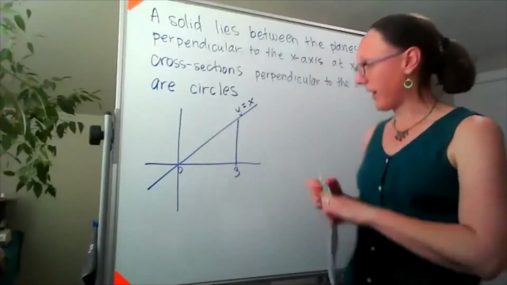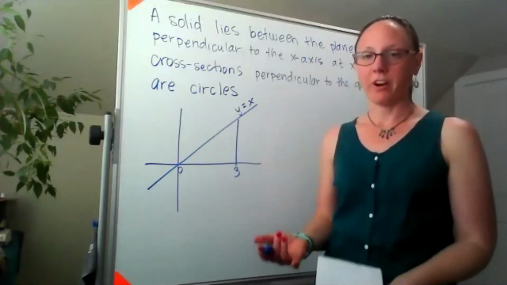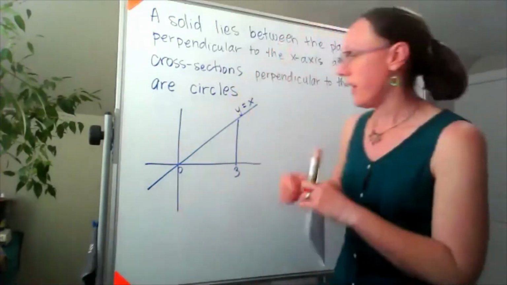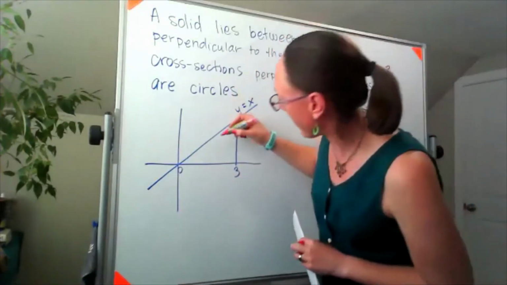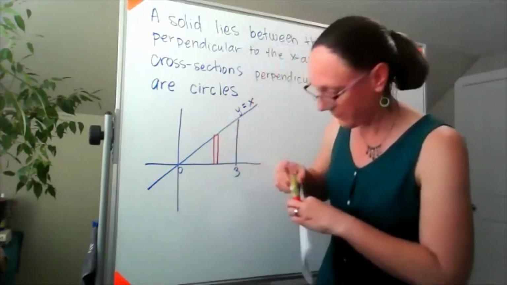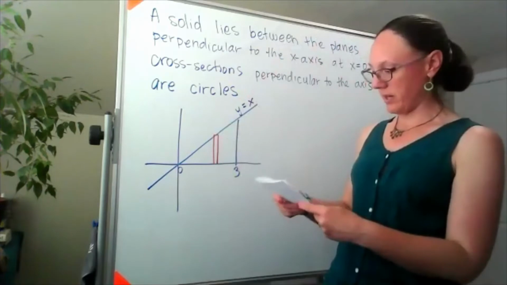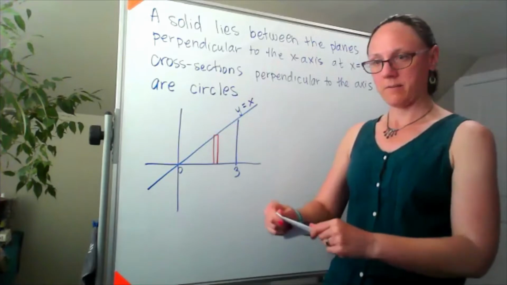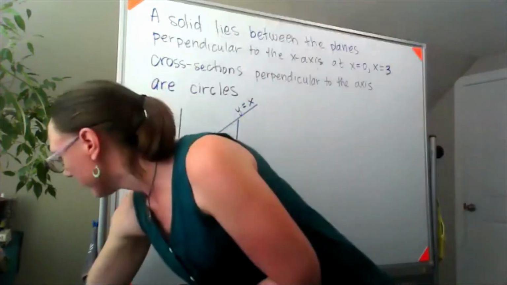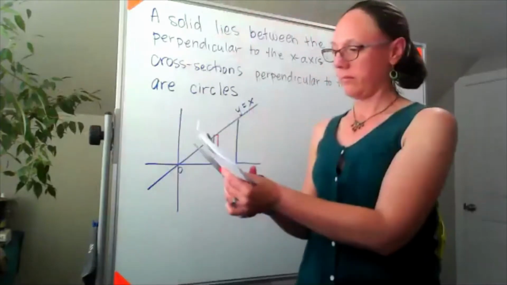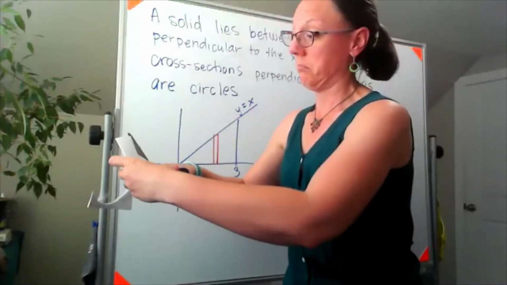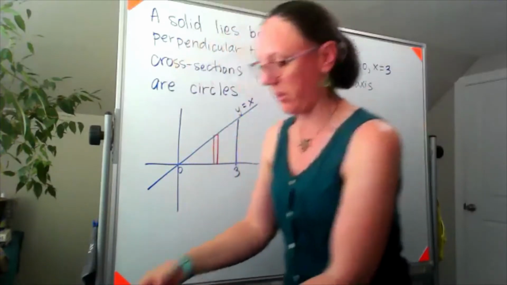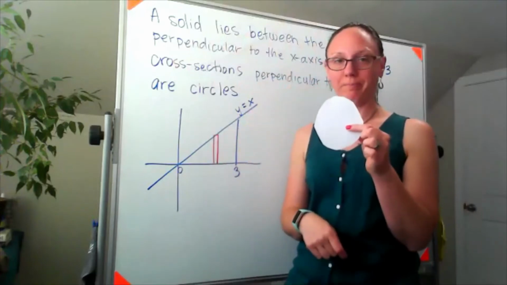So the idea here is that this arbitrary cross-section that I take, if I think about a slice perpendicular to the x-axis, I don't draw well in 3D, so instead, apparently I don't cut particularly well in real life, but can we pretend this is a circle?